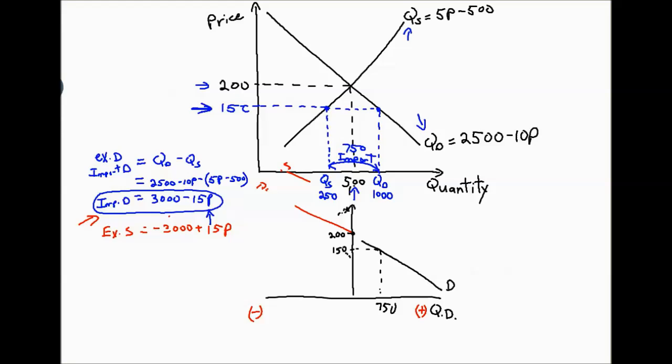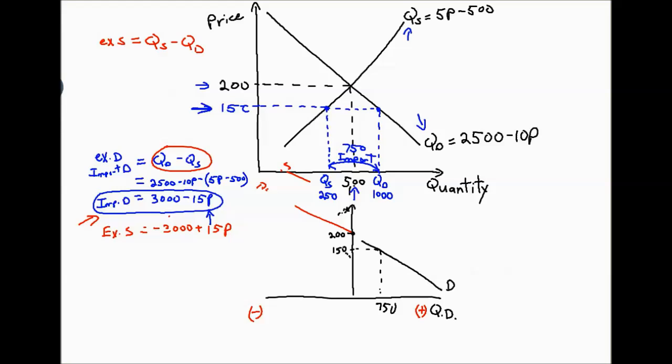The way you derive it is, the export supply equation has a formula. It's simply the quantity supplied minus the quantity demanded. Notice that's just the opposite of what the import demand function was. You remember, quantity demanded minus quantity supplied.